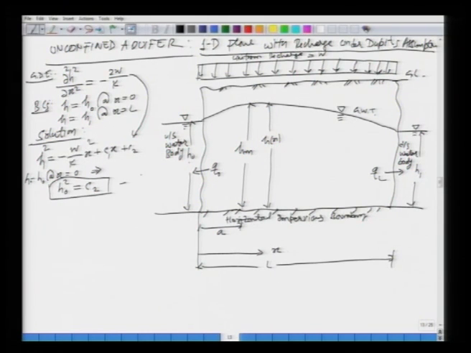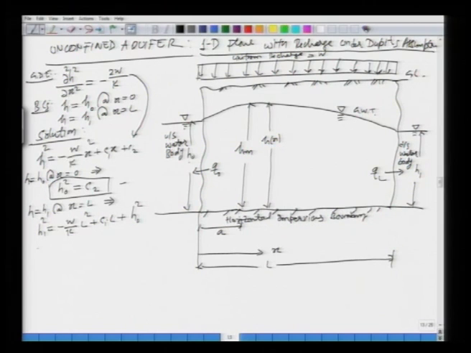The second condition says h is equal to H1 at x is equal to L. So, you just put these things, you will have H1 square is equal to minus W over K of your L squared plus C1 L plus C2, and C2 is H naught square, we just found out.